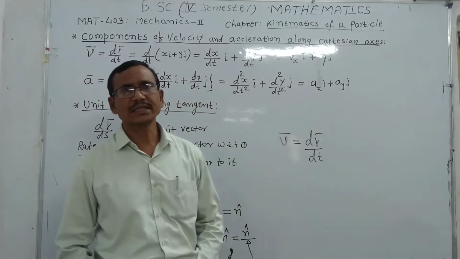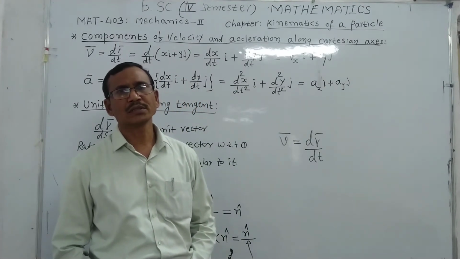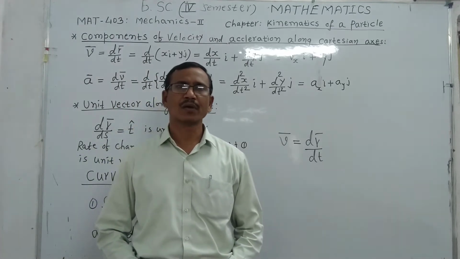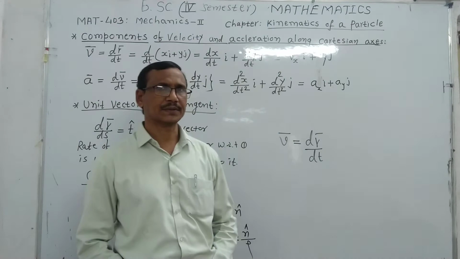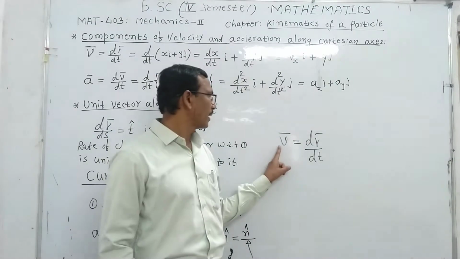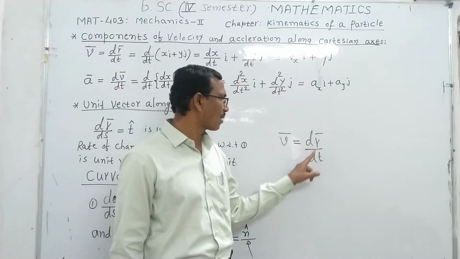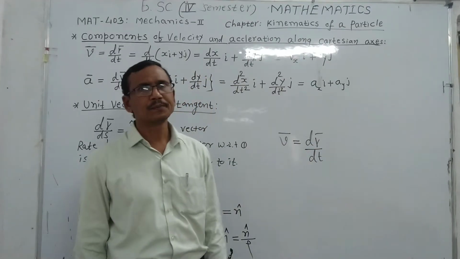Now, at first we shall see components of velocity along rectangular coordinate axis. We know that expression for velocity is v bar equals dr bar by dt.